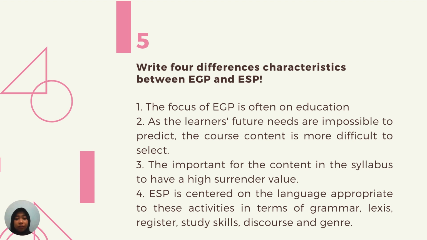And second, as the learner's future needs are impossible to predict, the course content is more difficult to select, rather than in ESP, where we can give easy content to our clients or learners. And then the third, it is important for the content in the syllabus to have a high surrender value. And the last, ESP is centered on the language appropriate to these activities in terms of grammar, lexis, register, study skills, discourse, and genre.